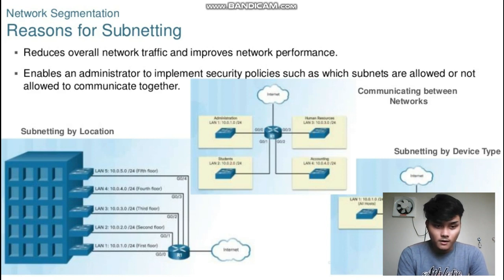We have 5 switches in this building, so we have one network, with LAN 1, LAN 2, LAN 3, and so on. LAN 1 is administrator, LAN 2 is student, LAN 3 is human resources, and LAN 4 is accounting.